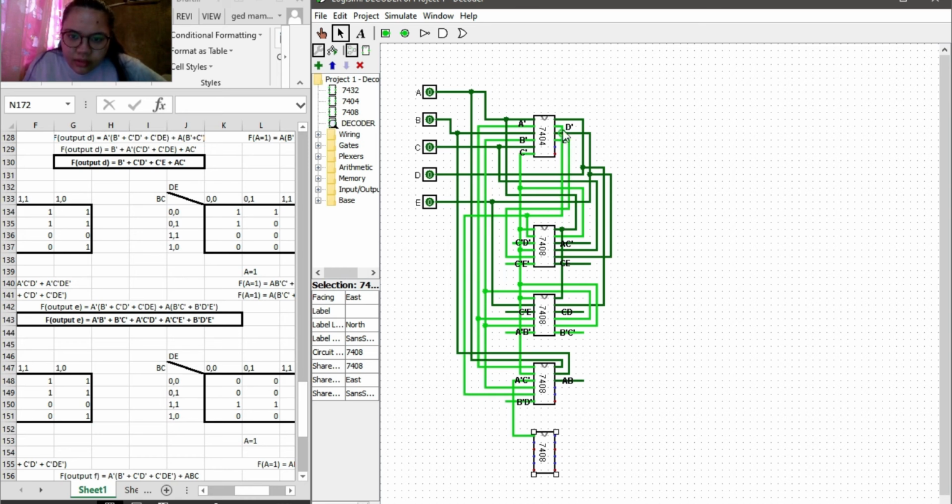D naught is here, and the output should be A naught and C naught and D naught. Let's copy. Next, this input again, but it is ANDed with E naught.